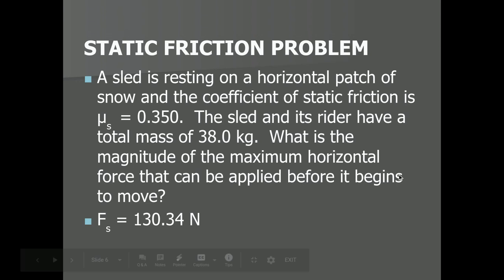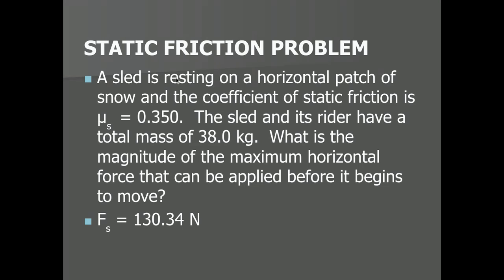Okay, so here's a static friction problem. As far as normal force, I guess I should talk about that. F_g, remember, is equal to mg, from F equals ma, which is how we found gravitational force. We took our mass times acceleration due to gravity to get our gravitational force, which is going to be equivalent to your normal force as long as it's horizontal.